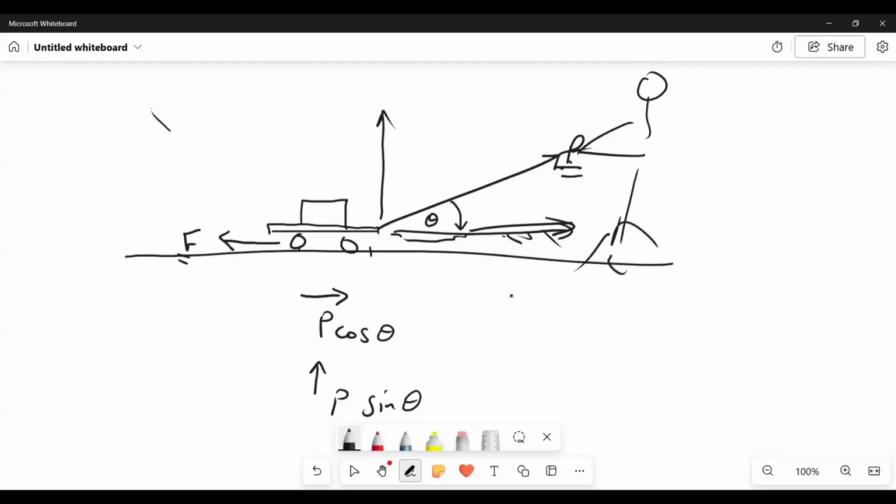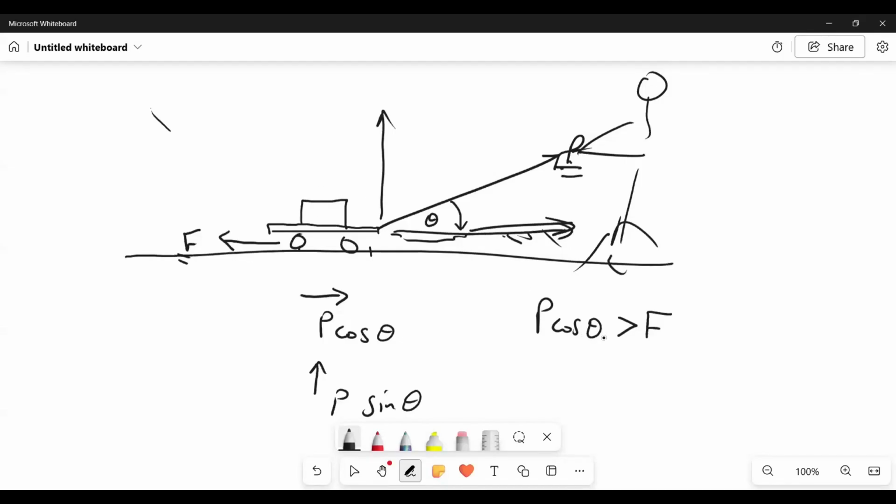If the frictional force is F, and you're exerting P here, you have to ensure that P cos theta must be slightly greater than F to get this thing moving, right? P cos theta must be greater than F, or else you can't pull this thing forward.